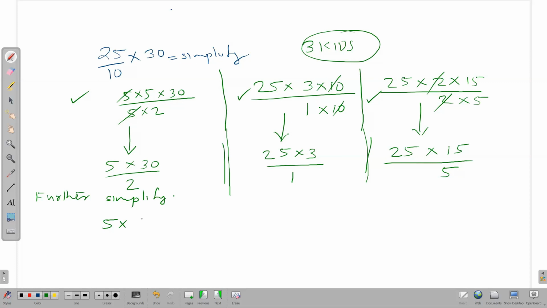So he has to think in terms of 2. The top should not change. 5 he has written. Then he can write it as 2 times 15 divided by 2 times 1.